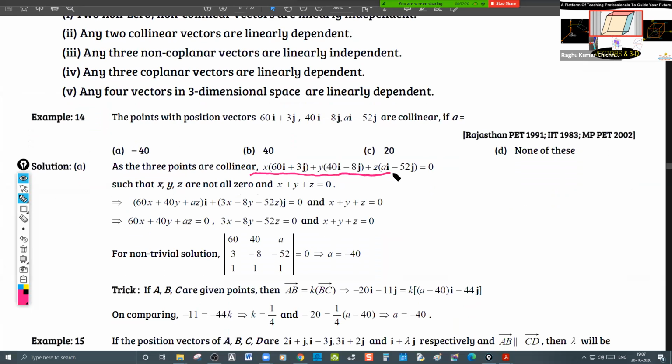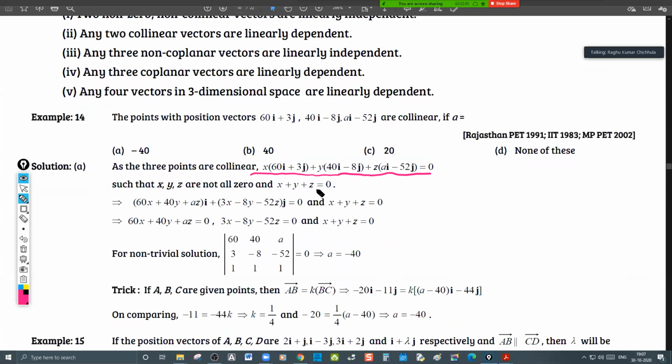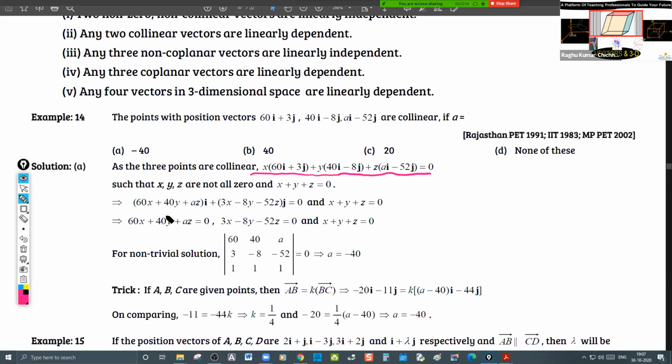He wrote a linear combination between these three vectors such that x into a bar plus y into b bar plus z into c bar must be 0 bar, such that x, y, z are not all 0, and x plus y plus z is equal to 0. Then he has taken i bar, j bar common, and compared on both sides, and thereby he got 3 equations in x, y, z, and of course he did the same.